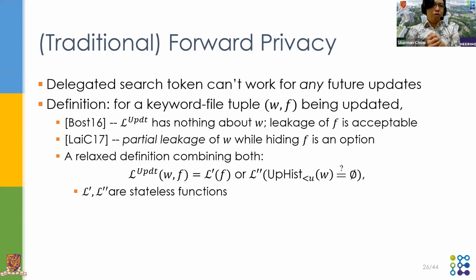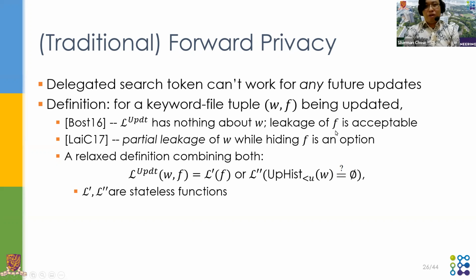For this talk, I will use this related definition, which sort of combines both. The update function is in the following form. We have L' and L', our usual stateless function. L' in F, so that is leaking.